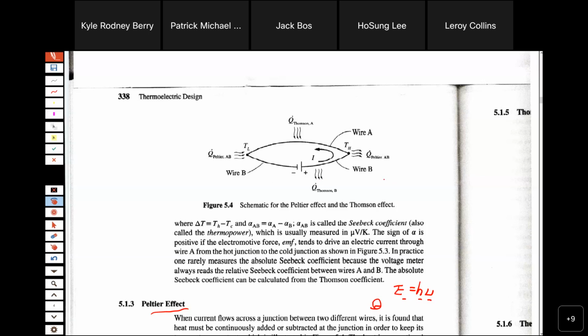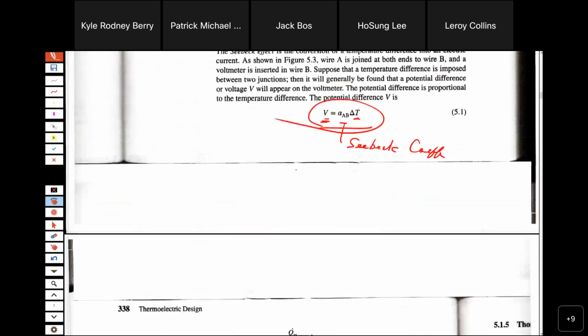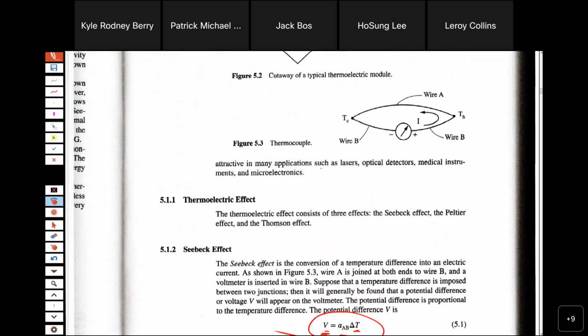Anyhow, now is the physics. Okay, I'm talking about phenomena. Now suppose we have a wire, one wire A, any wire A, and then wire B. First this.